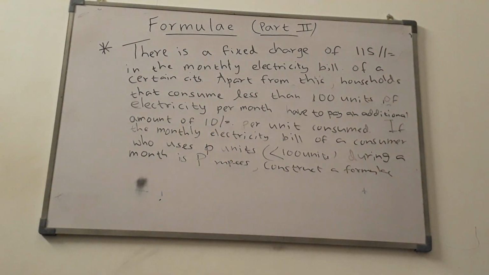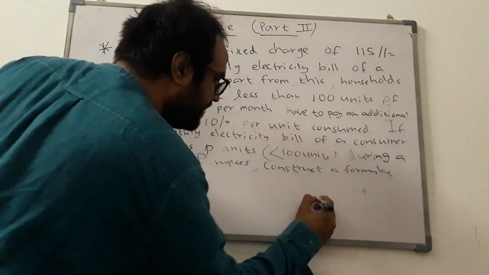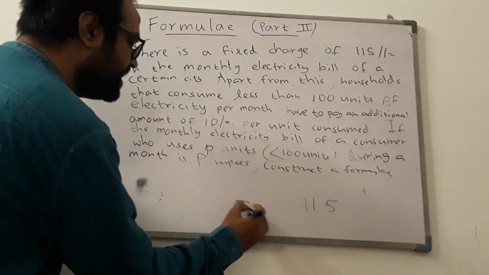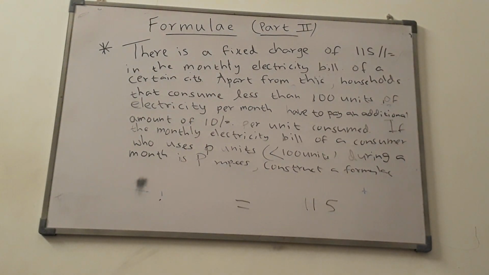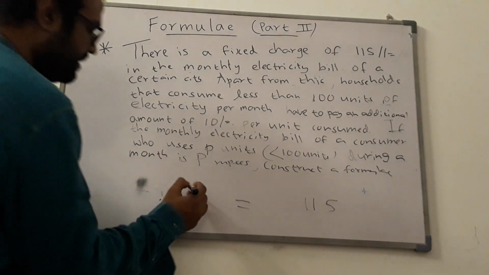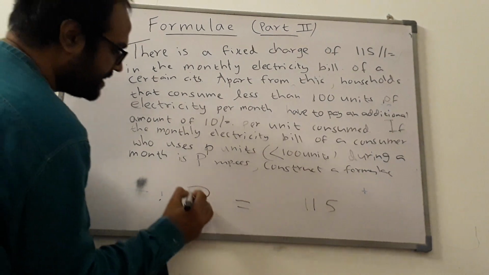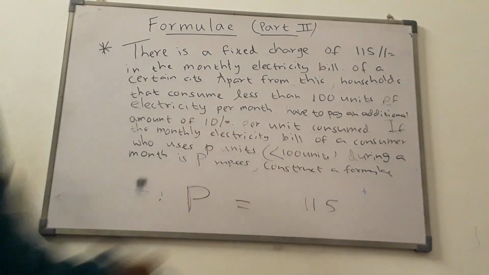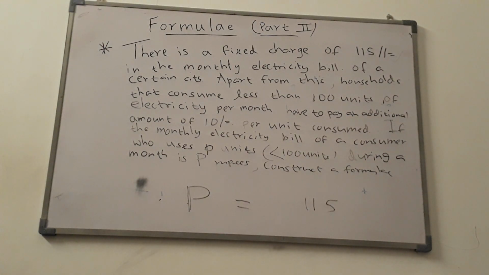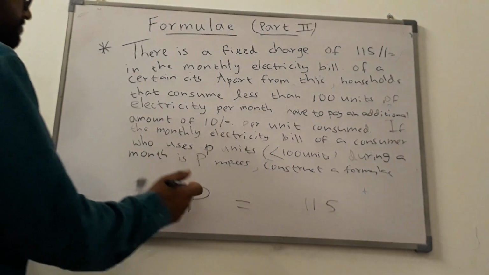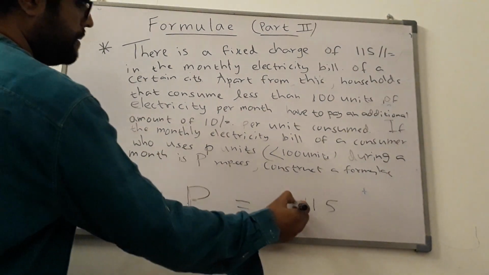There's a fixed charge of 115 rupees. If the total electricity bill of the month is capital P, 115 rupees is included in this total bill.